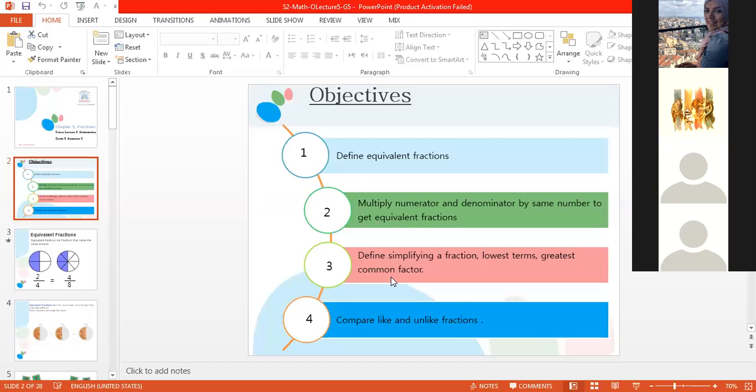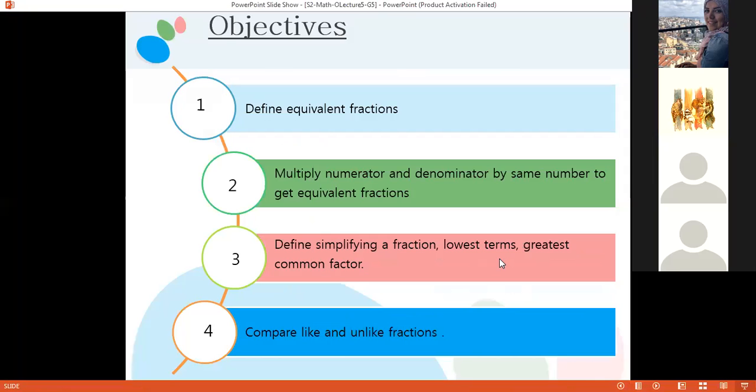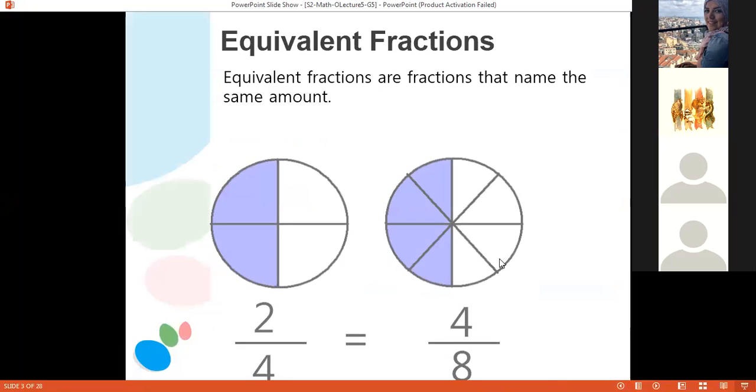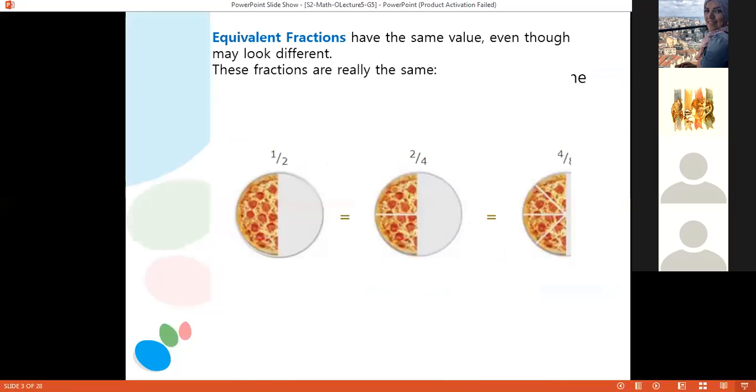As we said, last time we explained the meaning of equivalent fractions and how I multiply or divide in order to make two fractions equivalent. Equivalent fractions are fractions that share the same amount, or they express the same quantity.